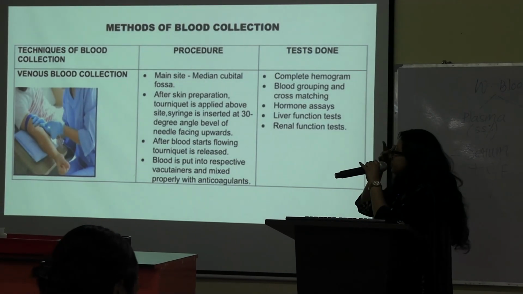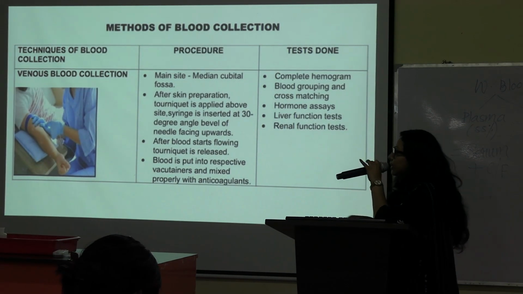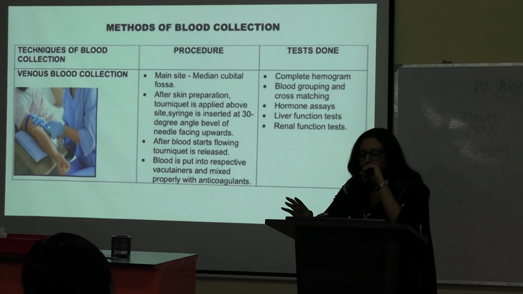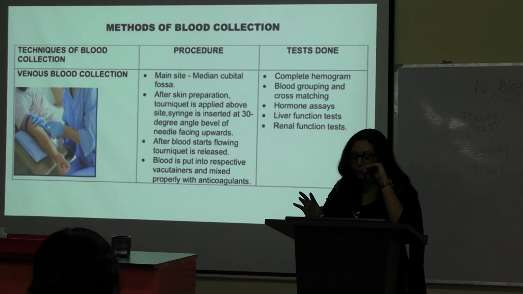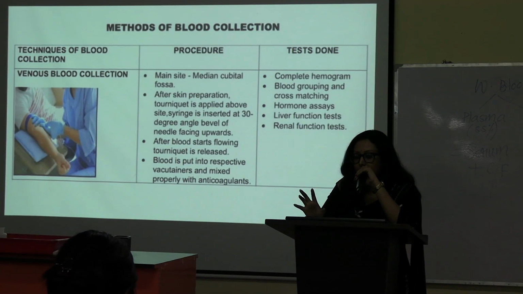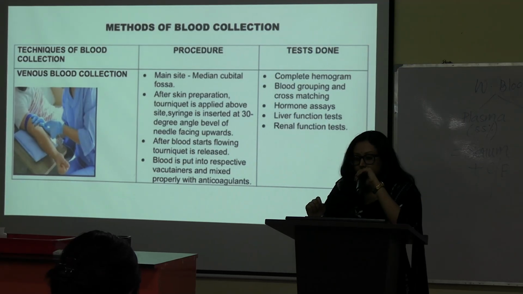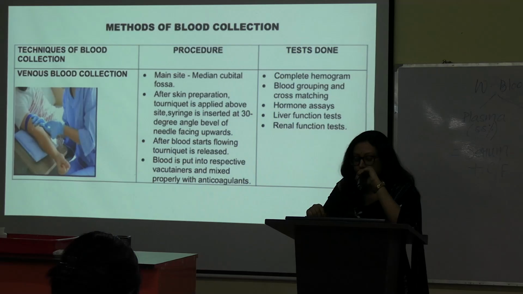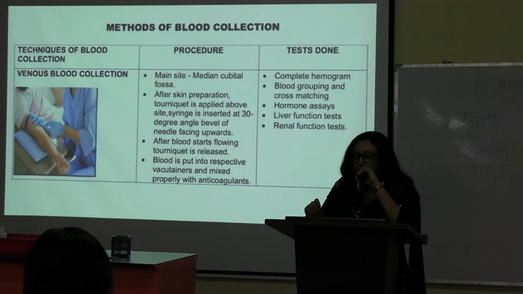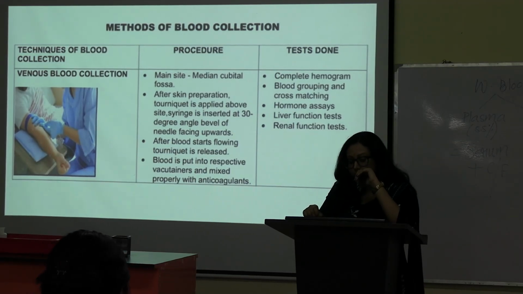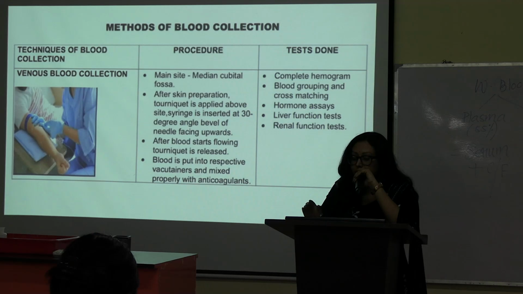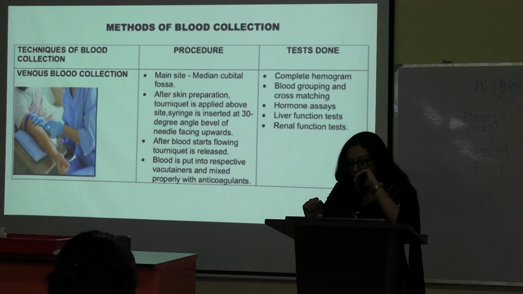So how are we doing venous blood collection? First of all, you will fill the requisition form. In the requisition form, the name of the patient, the ID, and date are written, and then you will confirm the identity of the patient. Then you will explain the procedure to the patient and take consent.